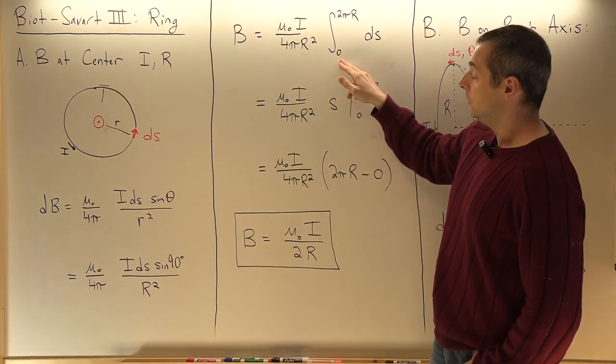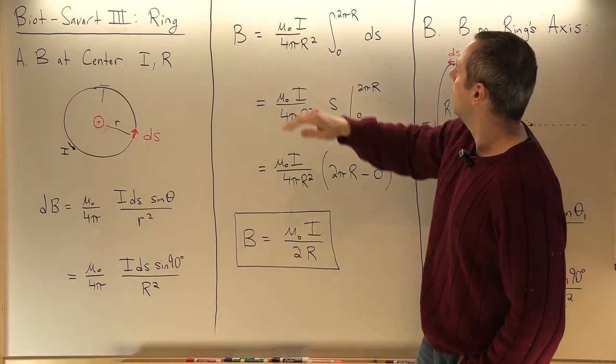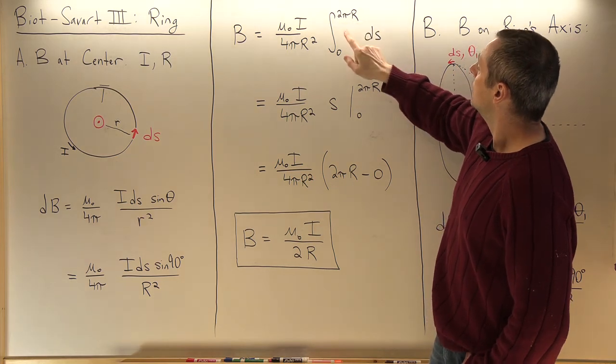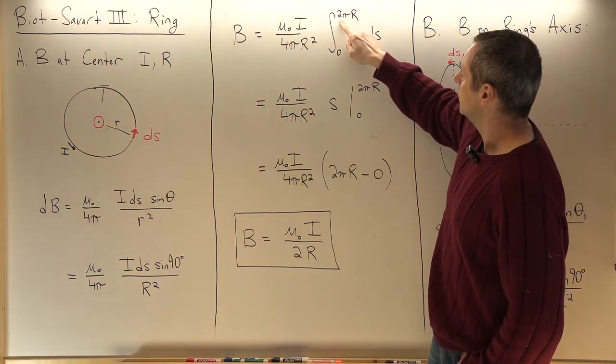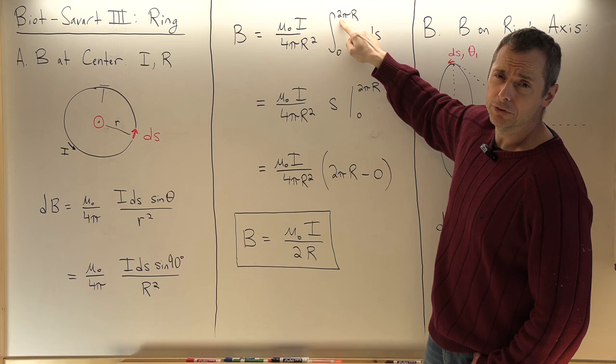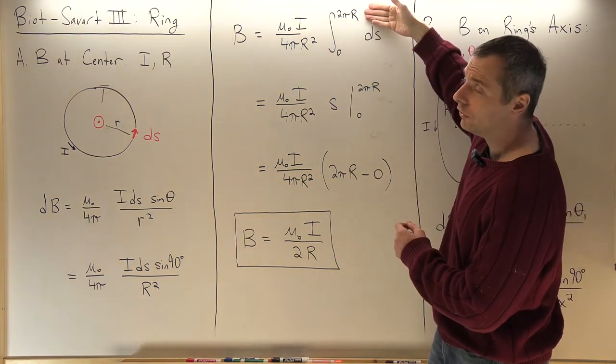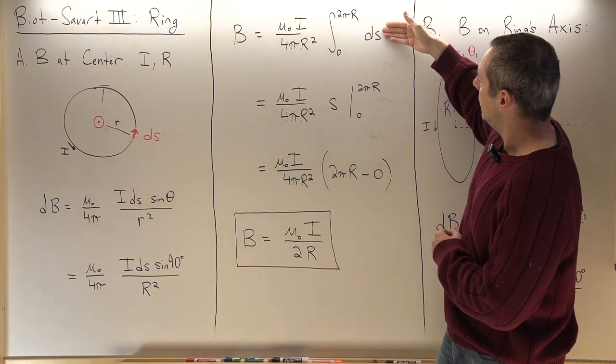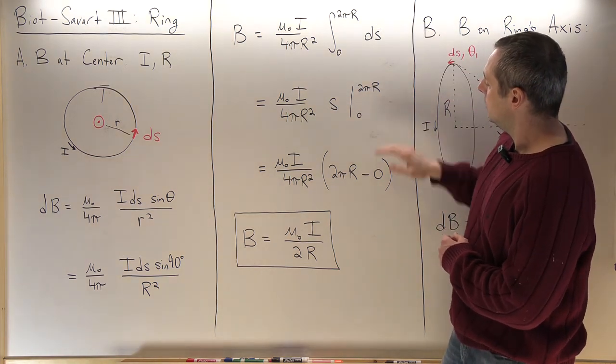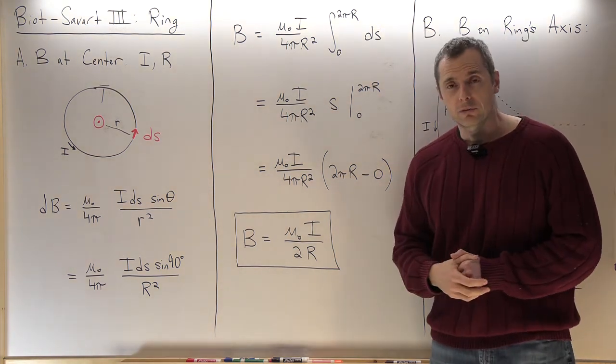I start with 0 arc length and go all the way around, in other words, the circumference. In yesterday's video we had some other theta, like maybe pi over 2 for a quarter of the way around the circle. Today it's the whole way around. That's all that changes. Then we integrate ds to s for these limits, plug them in, and solve.